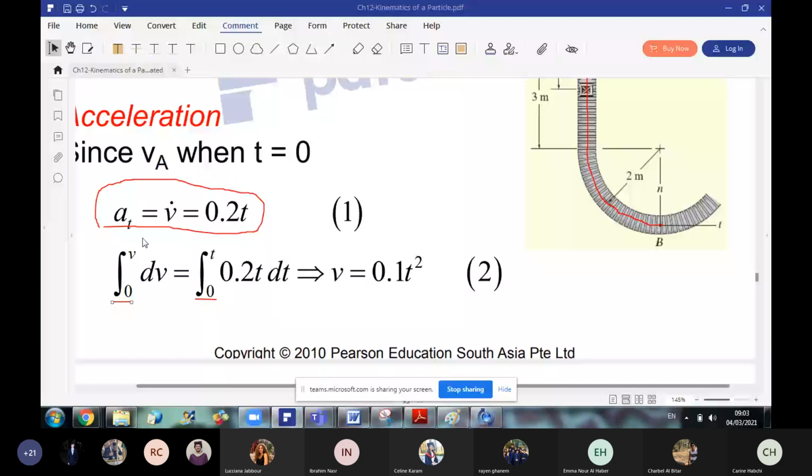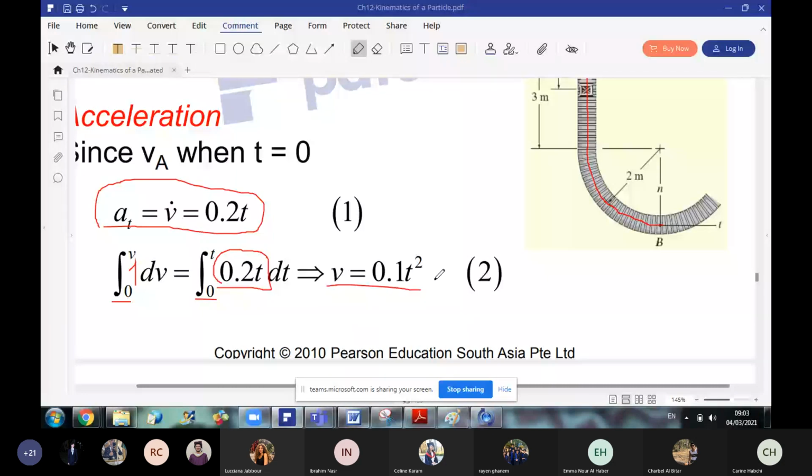So the integral of 1 dv gives me v minus 0 on the first side. On the second side, the integral of 0.2t is 0.1t squared. So I get my velocity as a function of time. This is my first step.